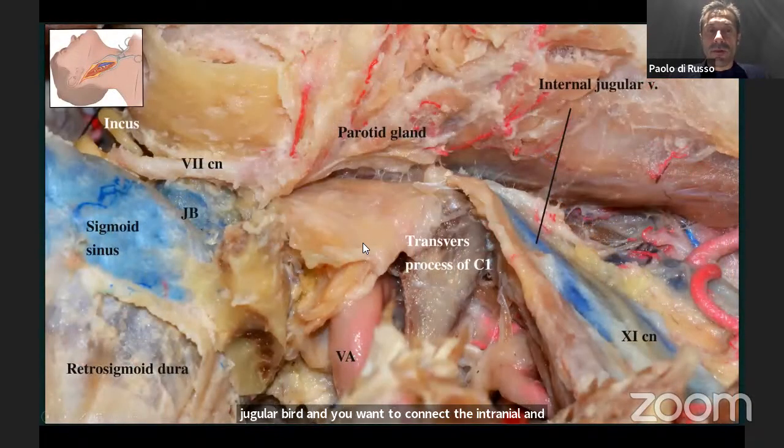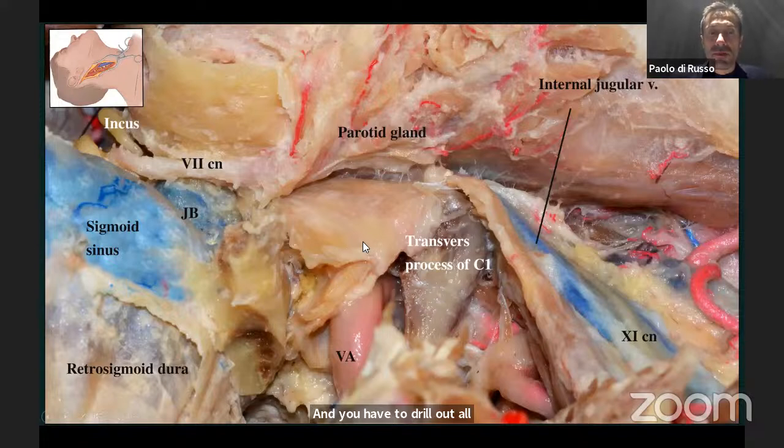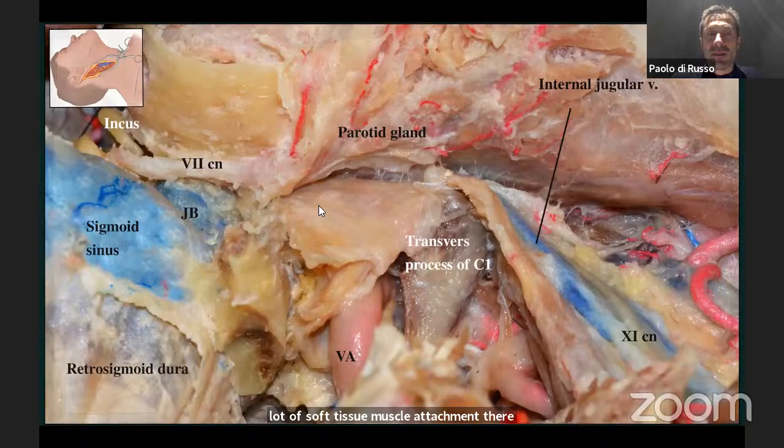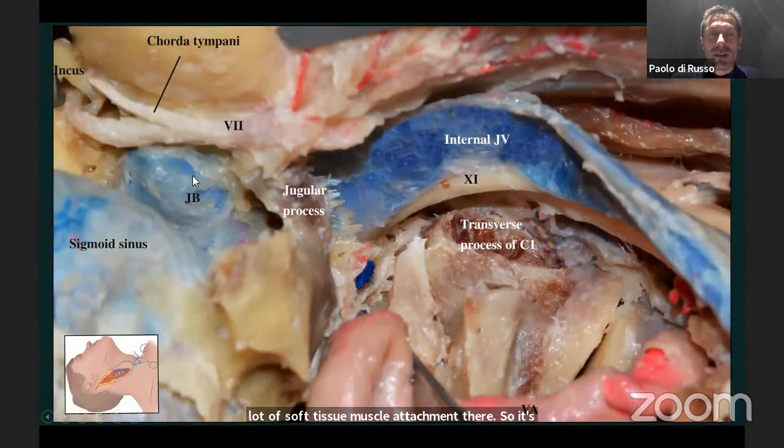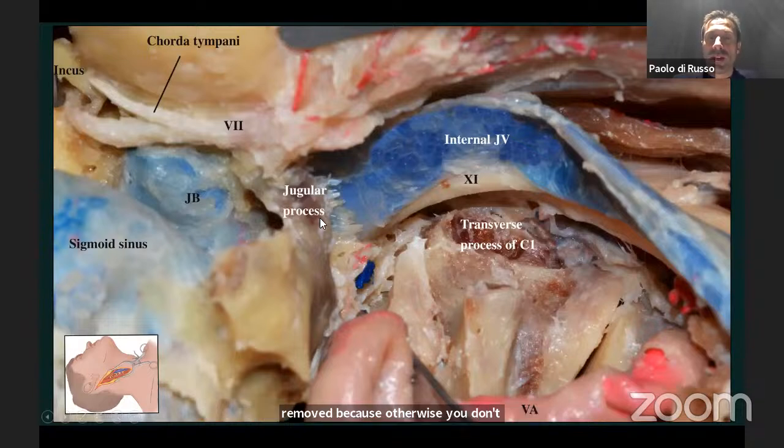So you have to drill out all the mastoid tip and the jugular process to connect the 2 places, and you have a lot of soft tissue and muscle attachment there, so it's not so easy to identify all the structures. You progressively identify the jugular process, which is the attachment here of the rectus capitis lateralis muscle that has been removed, because otherwise, if you don't remove the rectus capitis lateralis, you won't see the internal jugular vein completely going inside the head.